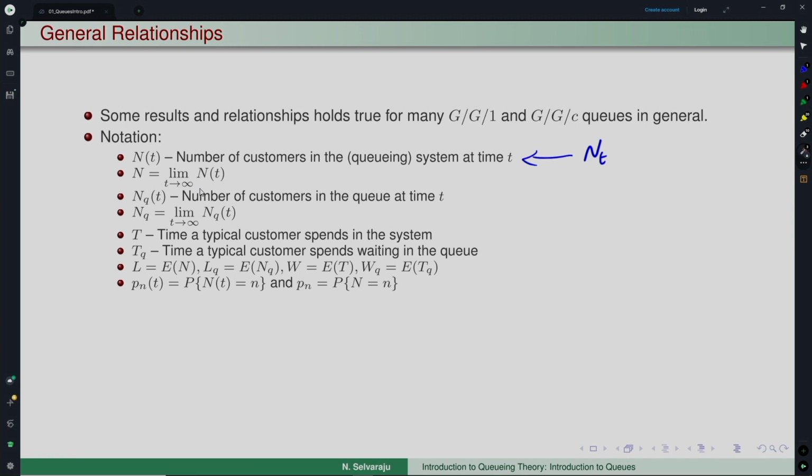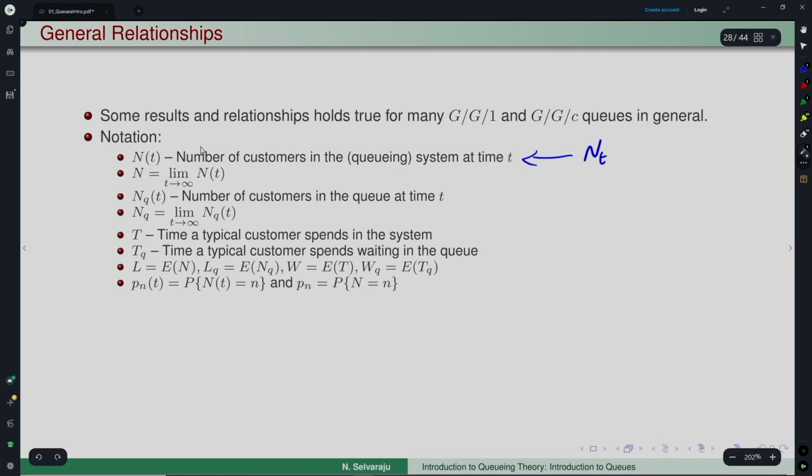Basically, we are looking at the distribution of N(t) in the limiting sense, which is the distribution of N. That is the N we will be interested in, which means that when the system has been in operation for a long time, we look at the number in the system at that point of time.